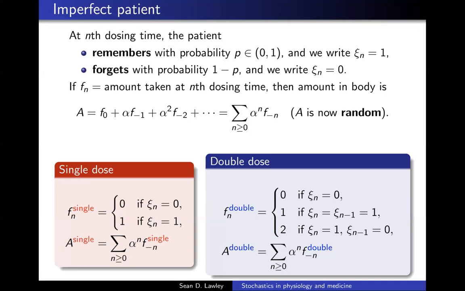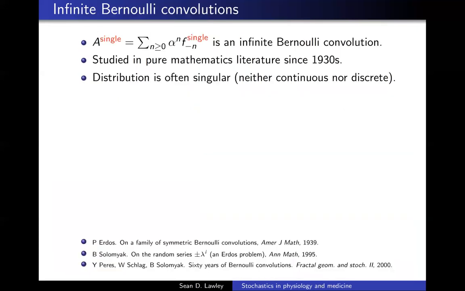All right, but before I do that, I want to spend one quick slide telling you that even though this is, I think, a very simple model, probably a pretty natural one, it already gets into some pretty exotic mathematics. So in fact, this random variable, what I'm calling A single, is something that's called an infinite Bernoulli convolution.